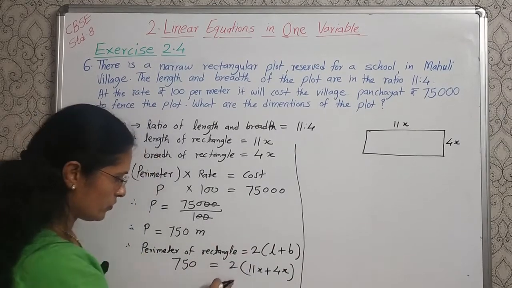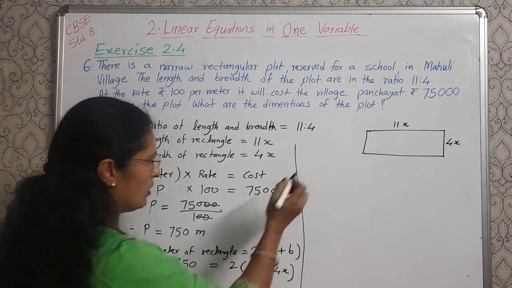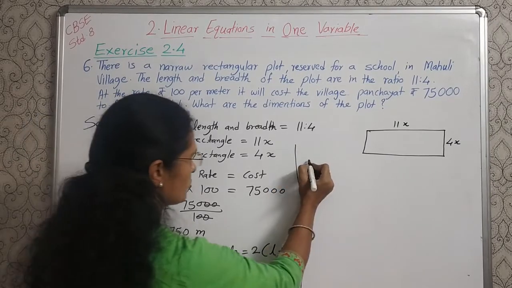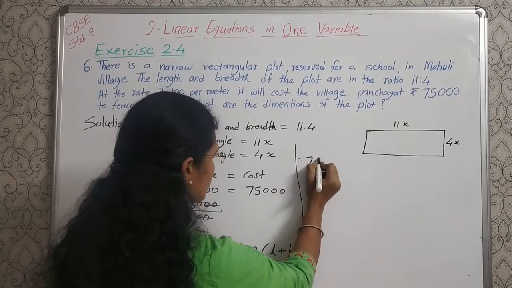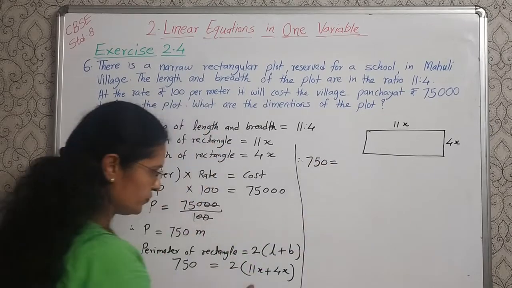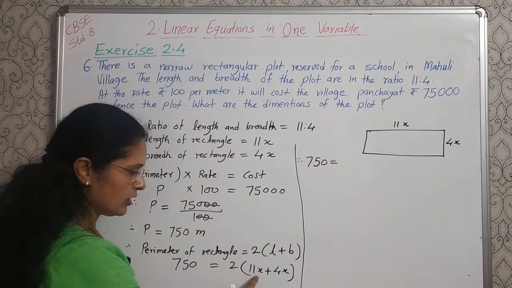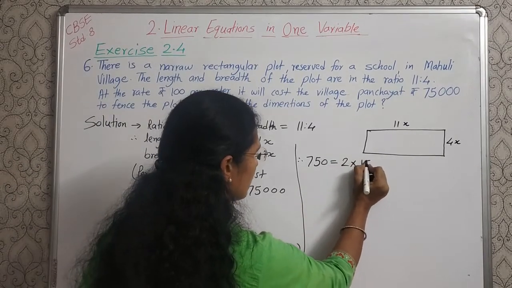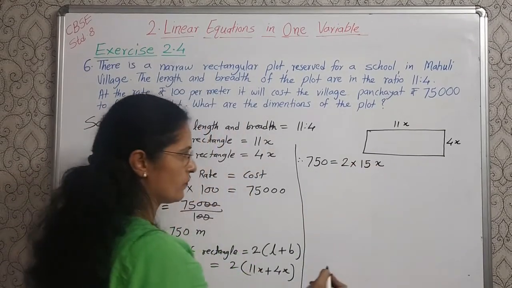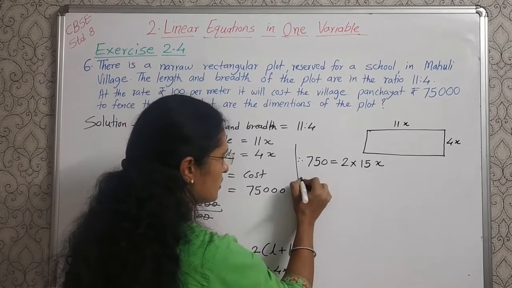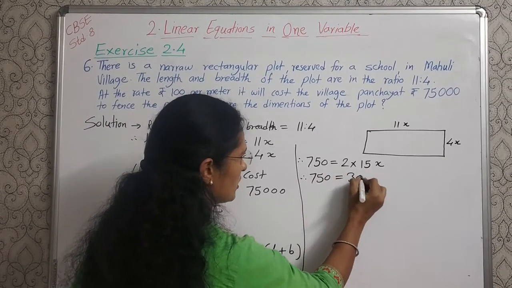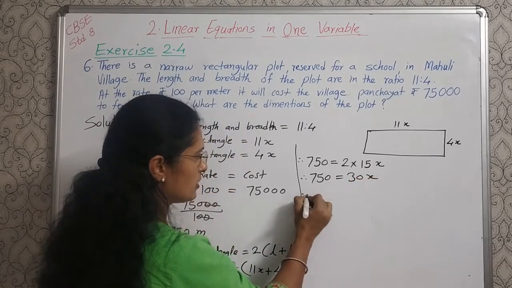Now this 2 we can shift here, or first multiply by 2 and then shift, that is also correct. So 750 is equal to 2 multiplied by (11x plus 4x), which is 15x. So 2 multiplied by 15x, 750 is equal to 30x. Now we will shift this 30 here.